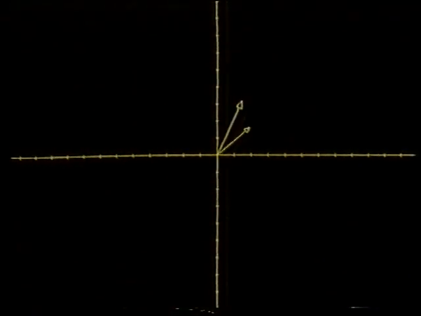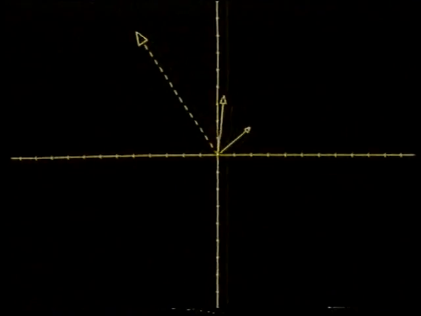We'll start with the same two complex numbers and their product. Let's see what happens if we change this one. We'll change it in a special way, so that its length doesn't change. While we rotate it, we'll get the computer to multiply it by this number, and to draw the product.